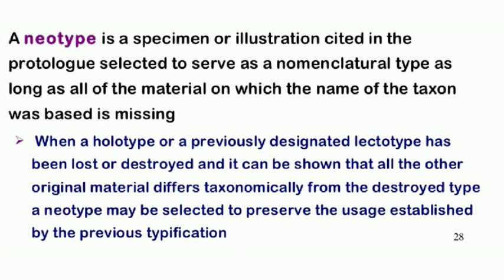That means when all the other types are missing, then the neotype can be selected for study purposes, selected for publication purposes. Okay. So, neotype is taken when all other types are missing.